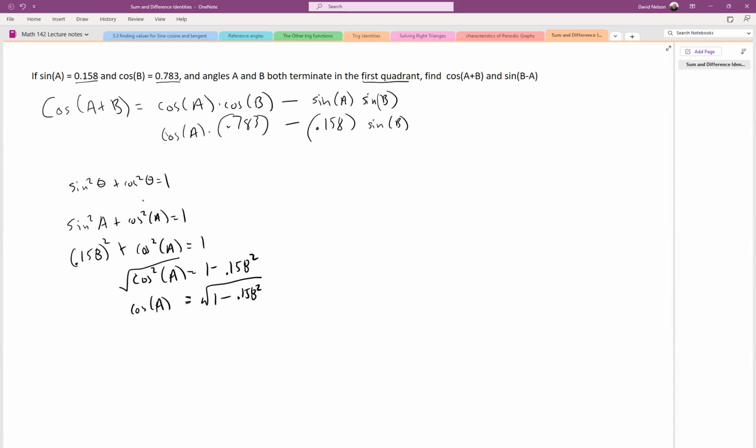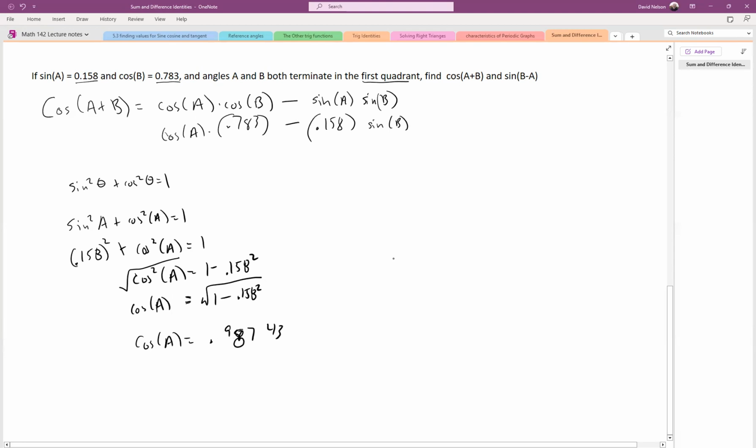If I crunch that into my calculator, 1 minus 0.158 squared gives me 0.97-ish, and then if I take the square root of that, I get that the cosine of A is 0.98743.